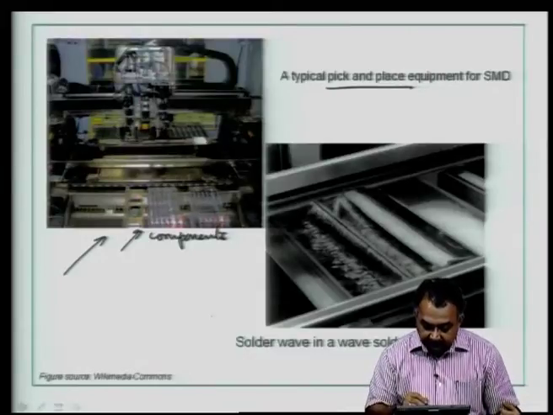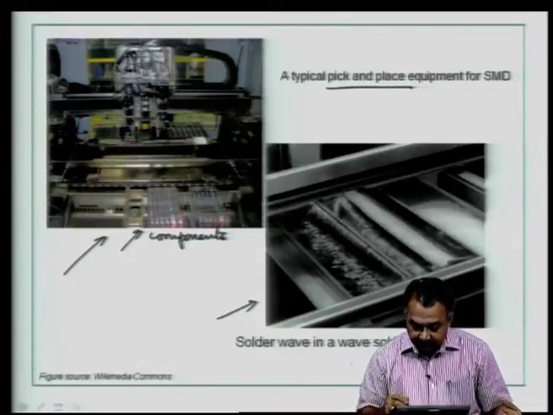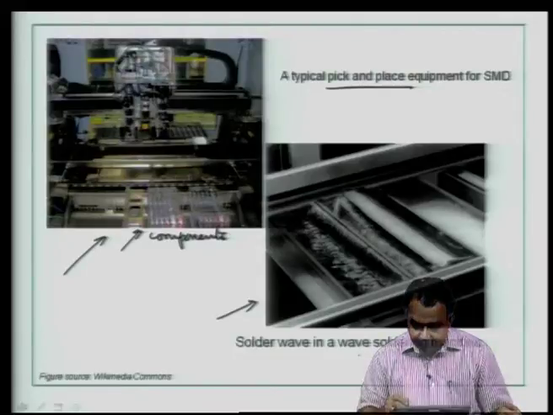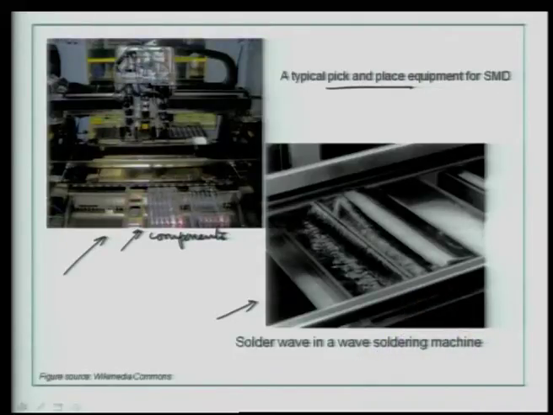And here in this picture you can see a solder wave in a wave soldering machine. A wave is generated from a mother tank containing molten solder, and because the solder at this point is exposed to air, there can be a lot of oxidation.